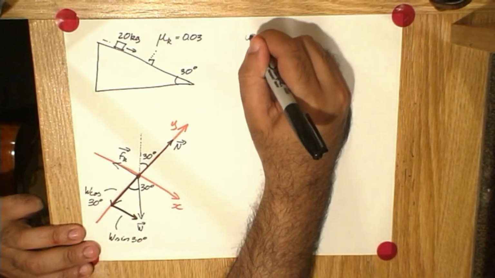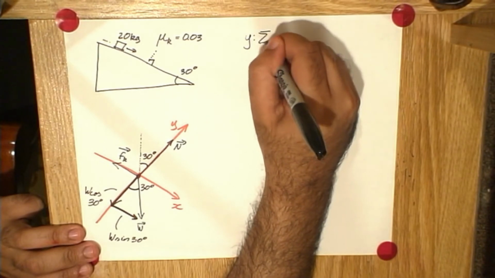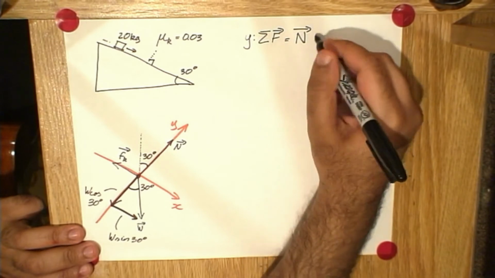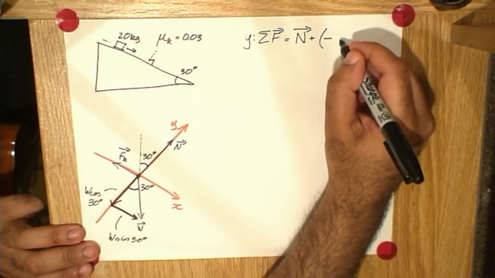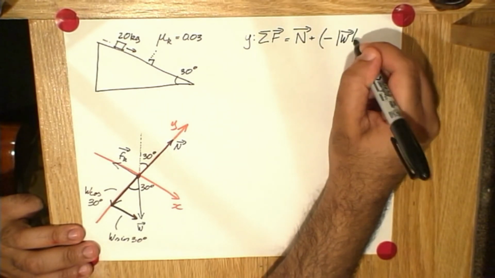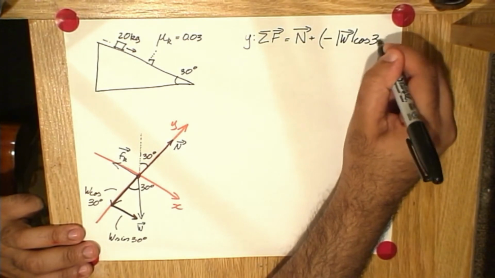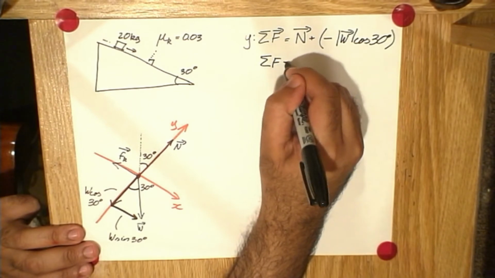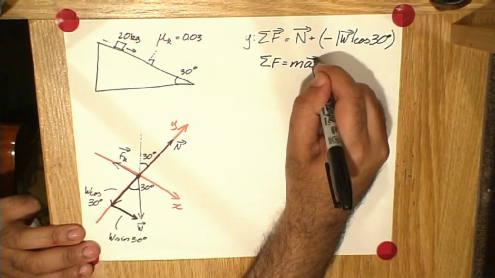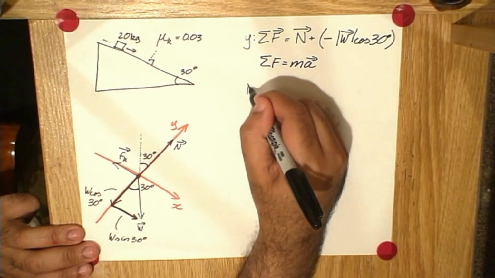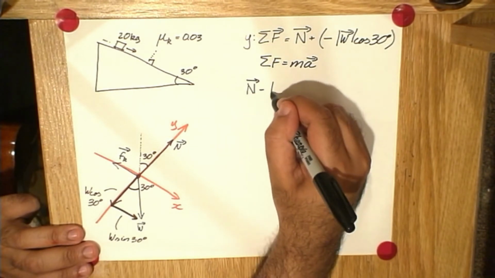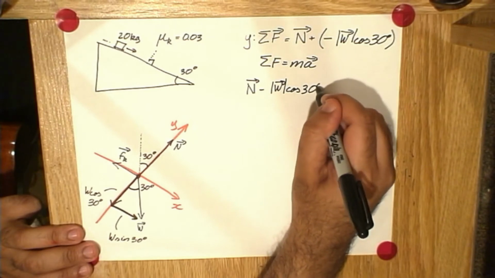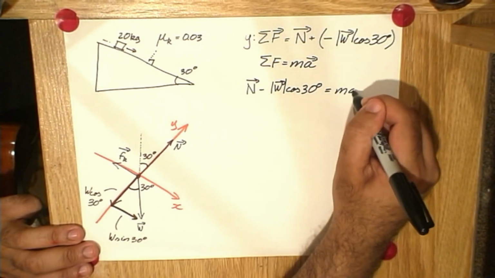So in the y direction, the total force is equal to normal plus negative weight cos 30 degrees. But total force is also equal to mass times acceleration. Therefore, normal minus weight cos 30 equals mass times acceleration.